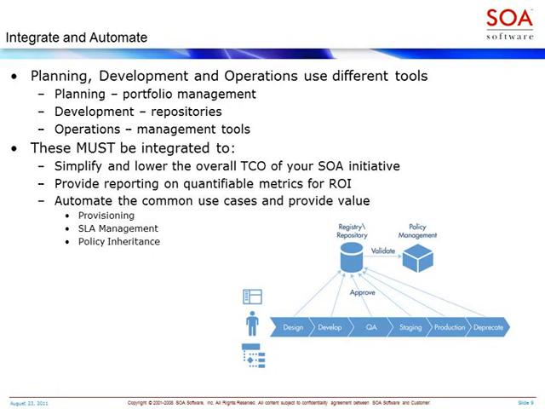So just as an example, if you automate provisioning and a developer goes into the repository and says, well, I would like access to a particular service, if the repository then sends an email off to somebody and asks that person for approval, and that person says, yes, I approve that, the underlying system needs to understand what the credentials are of that individual, and it needs to be able to modify the access control rules in the operational environment before the application actually hits the environment.